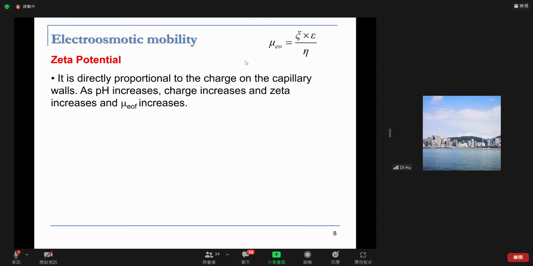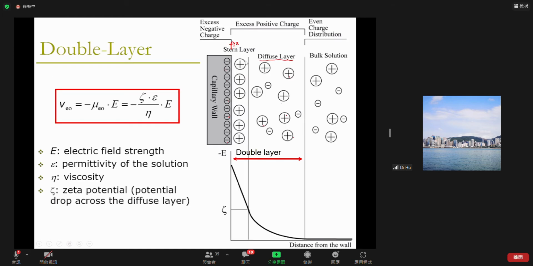Overall, the total positive charge in this double layer should be able to neutralize all this negative charge. So the net electric charge in those layers should be equal to that one.